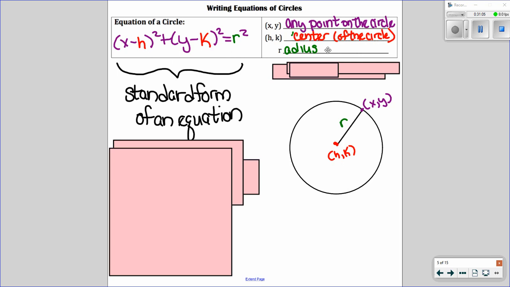The H, K is the center of the circle, and the R represents the radius of the circle. This equation is equivalent to the distance formula that we learned, because we're trying to find the distance of the radius based on the 2 points, the center and the end point that they gave us. So that's where this is coming from. That's why it's like that.